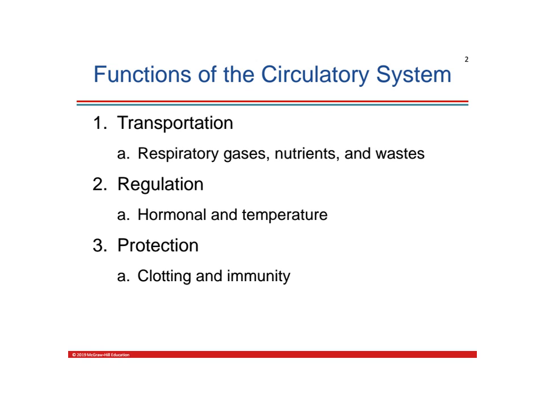The first is transportation. As you know, the cells within your body generate CO2 as a waste product of aerobic respiration, and your cells need oxygen. So oxygen is transported in the blood as well as CO2. Your cells also need nutrients.